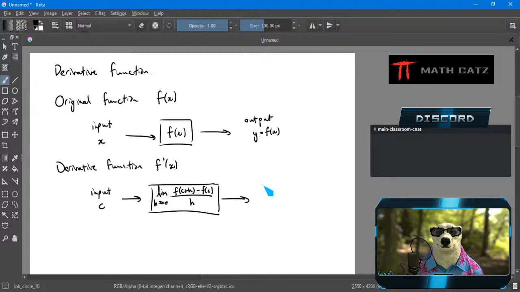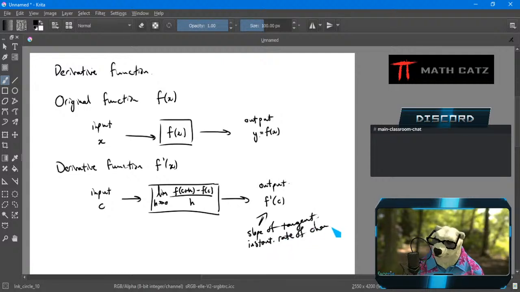And I would then get my output, which is some value, and graphically we can call this many things. Graphically, it's the slope of the tangent line. It's the instantaneous rate of change.